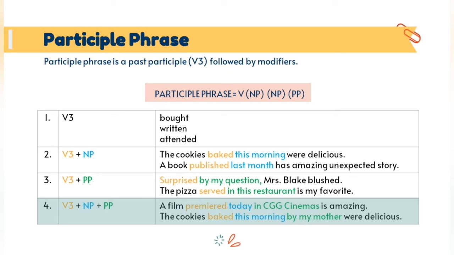The last example is the cookies baked this morning by my mother were delicious. Baked is the past participle. This morning is noun phrase and by my mother is prepositional phrase.